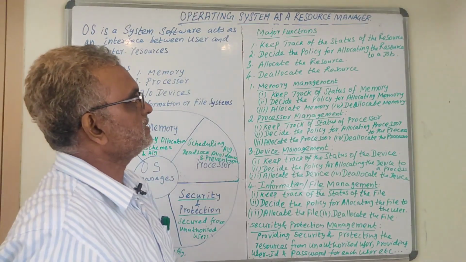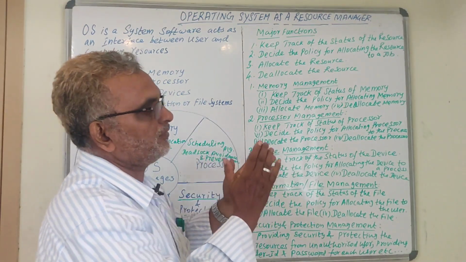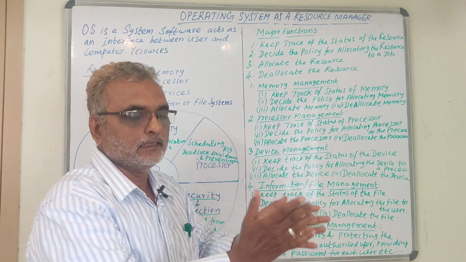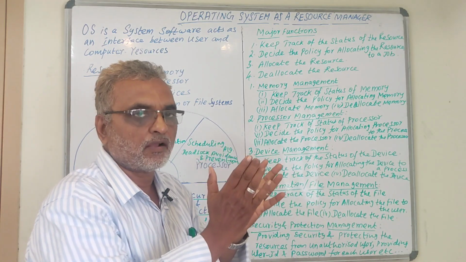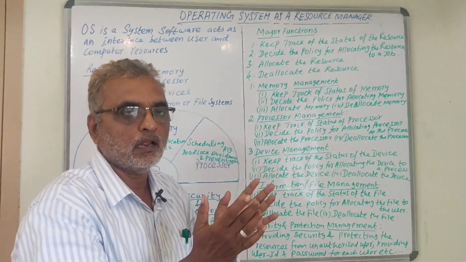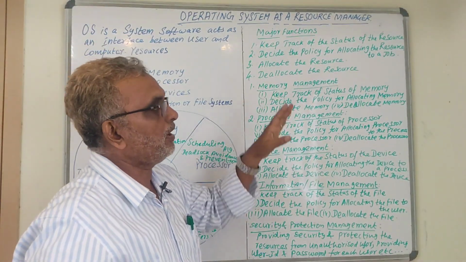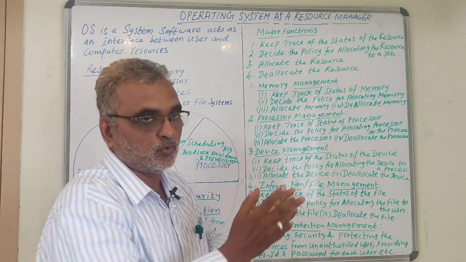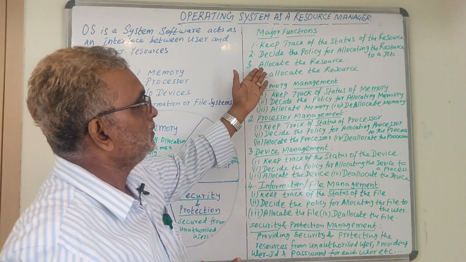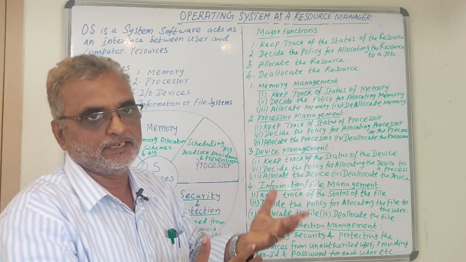The major functions include: number 1, keep track of the status of the resource, whether the resource is busy or idle. Number 2, decide the policy for allocating the resource to the particular job. Only based on the policy, the resource will be allocated.